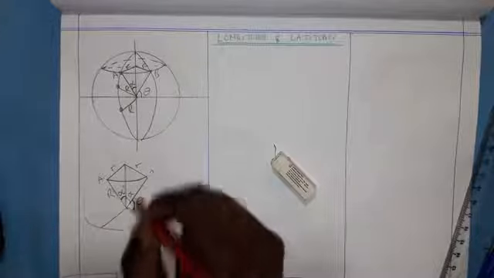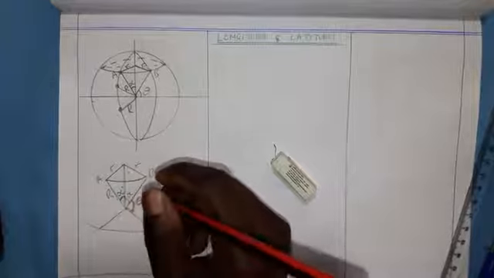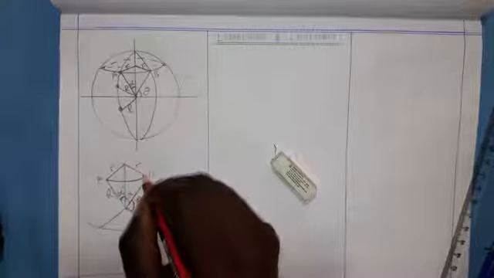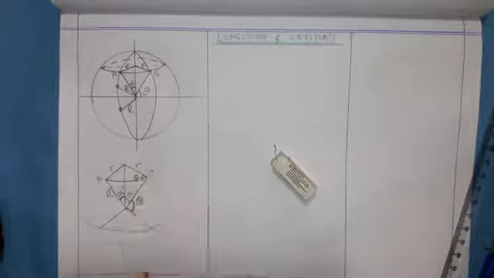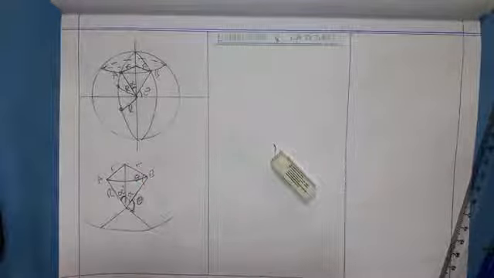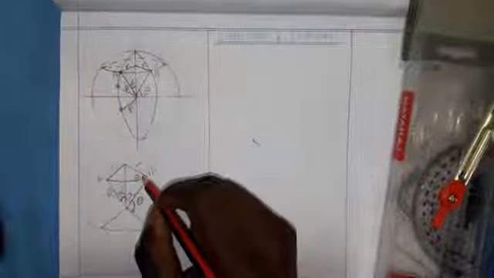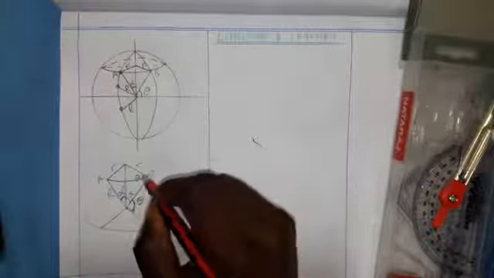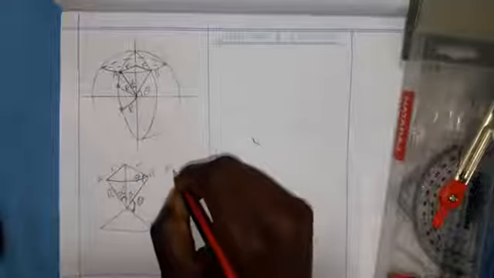Notice this angle here has some similarity here. What type of angles are those? So in this case, you'll notice that these two angles are equal because they are what we call alternate angles. They are usually equal.